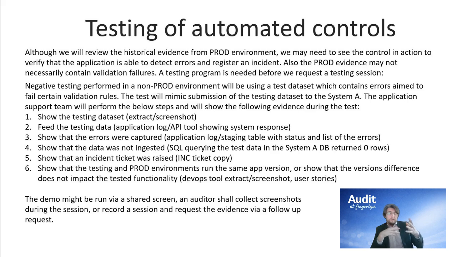For instance, we asked our stakeholders to prepare a data payload for a transaction which doesn't have a transaction ID, and we want to see how the system will capture the missing transaction ID attribute. In step number 3, we want to see that the transaction ID was missed. There should be an application error in the log.